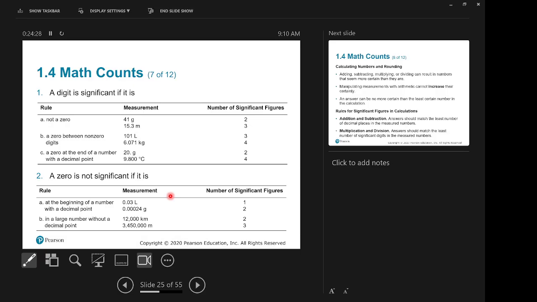Now, whenever you have a decimal place, let's say I had instead this right here. How many sig figs? Ooh, tough one, right? So this one, not significant figure, right?